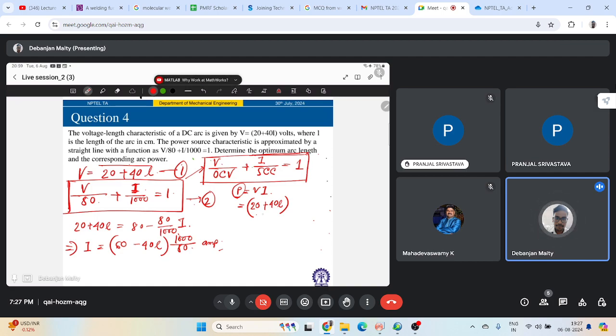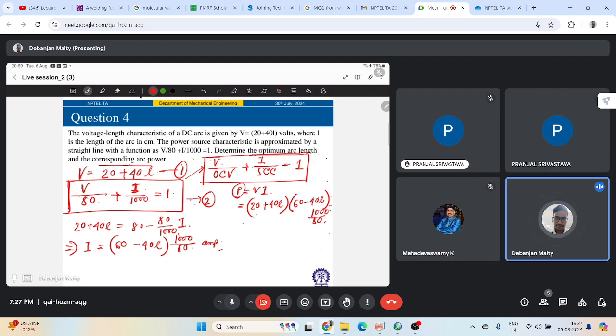So P is (20 plus 40 L) into (60 minus 40 L) into 1000 by 80, right? This will give me a quadratic equation of L with power.